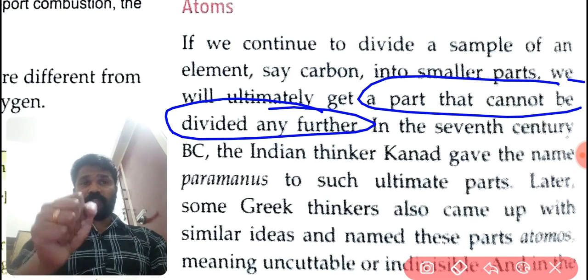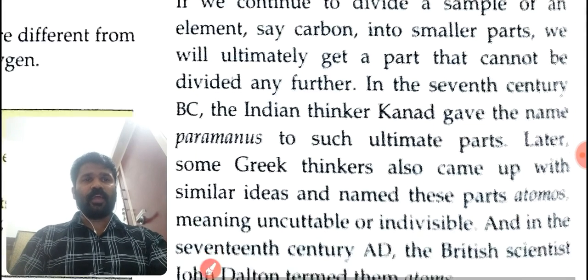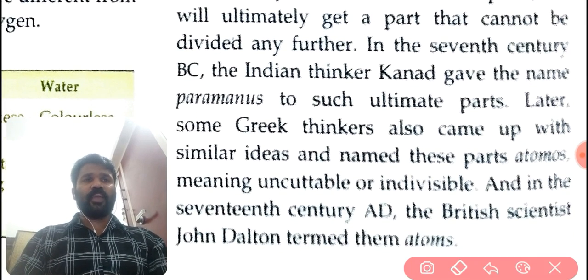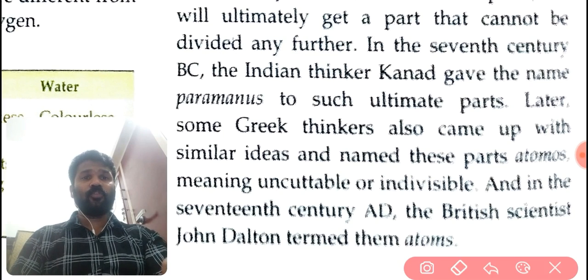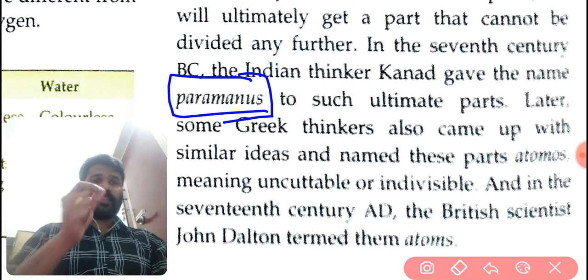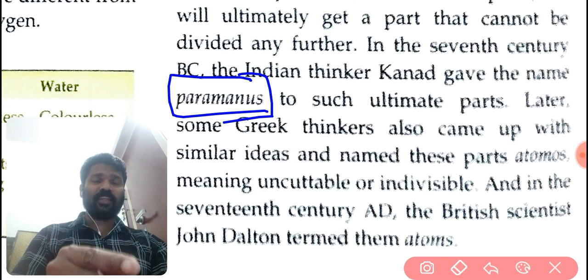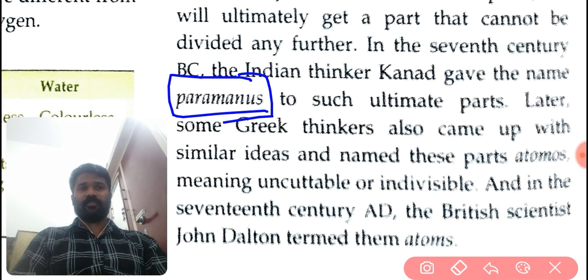In the 7th century BC, the Indian thinker Kanad gave the name Paramanu to such ultimate parts, the smallest parts.